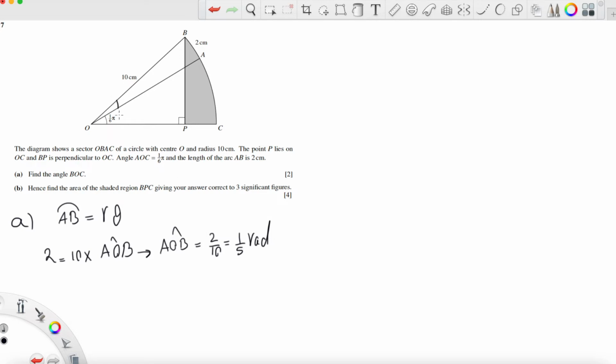So we found this angle. In order to find the angle BOC, we need to add these two. So BOC is 1 over 5 plus pi over 6 radians for part A.